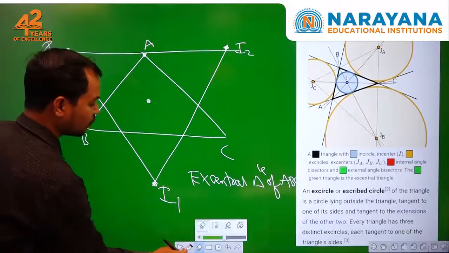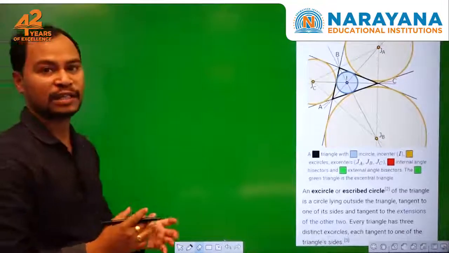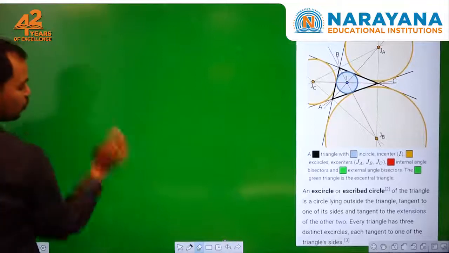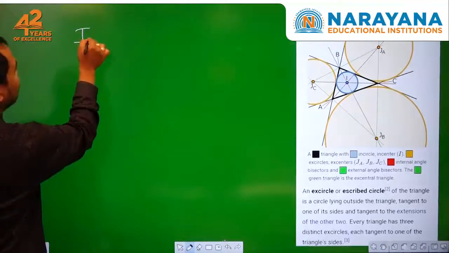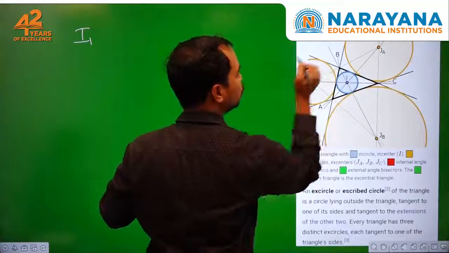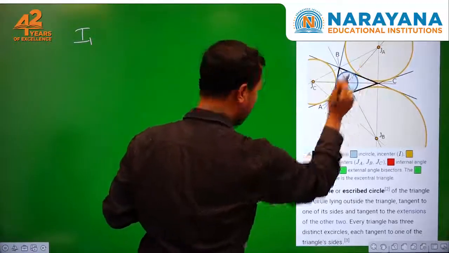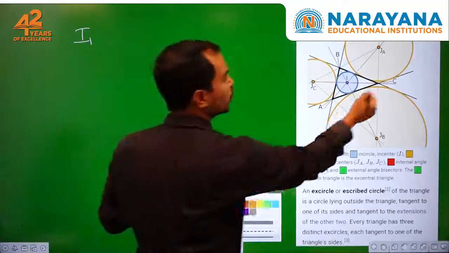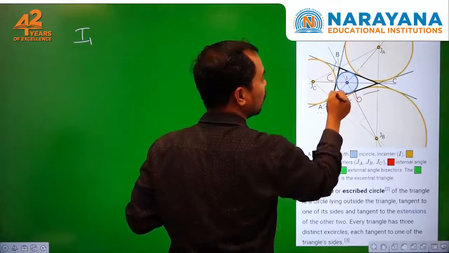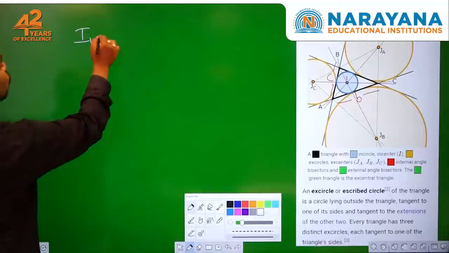Now let us see the formula for the excenters. In the previous class we discussed the formula for the incenter of a triangle. Now there are three excenters. What are the formulas for finding the excenters of a triangle? If the triangle has vertices A(x1, y1), B(x2, y2), C(x3, y3), and the side opposite to angle A is denoted small a, opposite to B is small b, opposite to C is small c, then see the formula for I1, I2, I3.